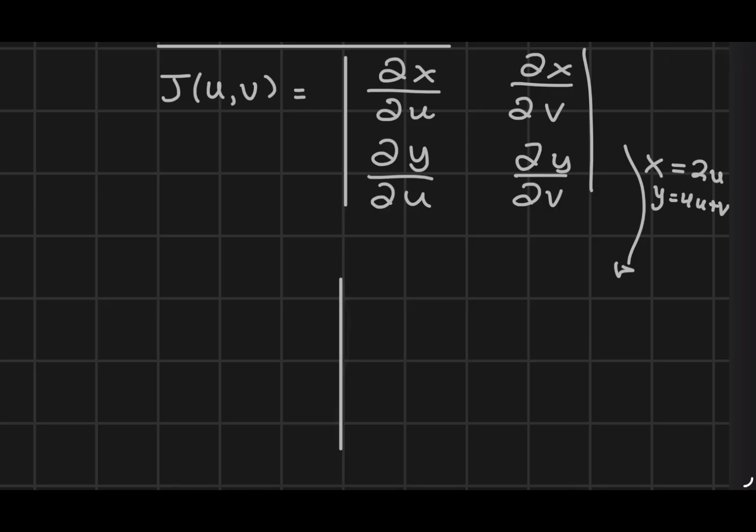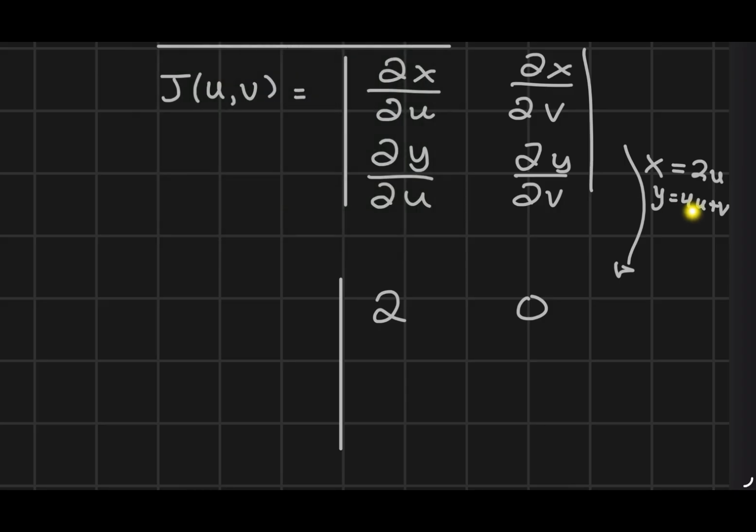What's the partial of our x function with respect to u? If we take the derivative of that, it's going to be 2. What's our partial with respect to v? There is no v value in our transformation right here, so this is just going to be 0. Similarly, what's our partial of y with respect to u?